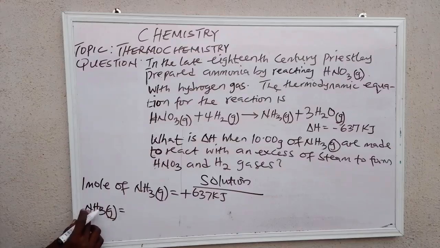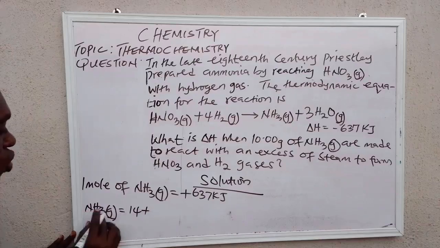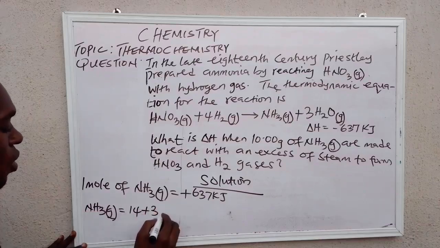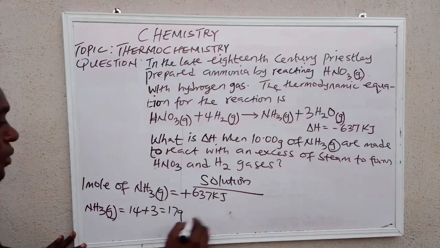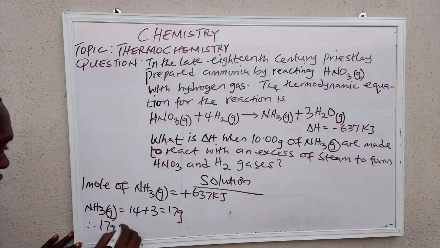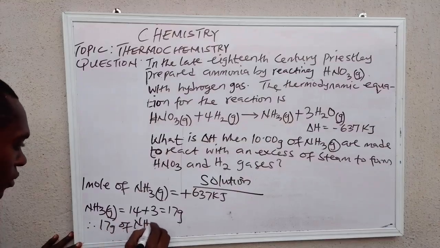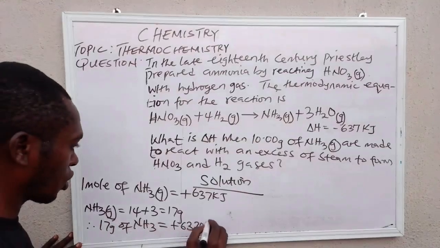Nitrogen is 14, so I have 14 plus hydrogen here is 1, so 1 times 3 is 3. So we're going to have 17 grams. Therefore we can say that 17 grams of ammonia gas will produce plus 637 kilojoules.